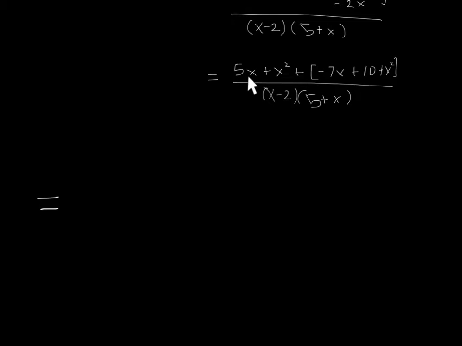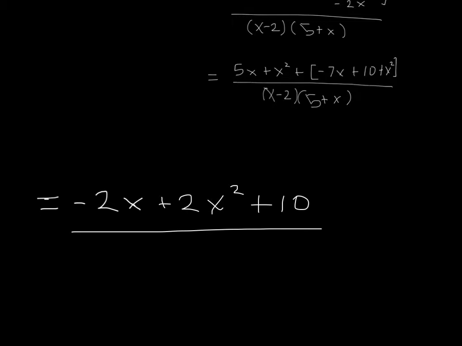So I'll have 5x minus 7x, which is minus 2x. Next, I'll put together my x squared. So x squared plus x squared is 2x squared. And finally, I'll leave my plus 10. And I'll have x minus 2 times 5 plus x.